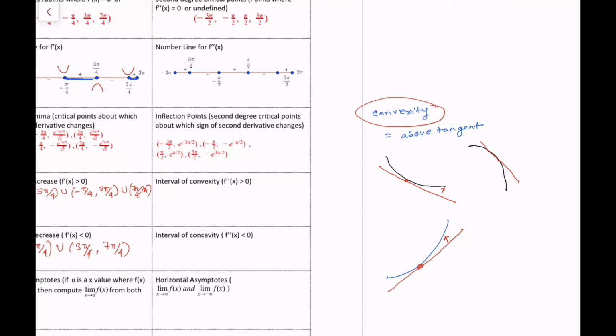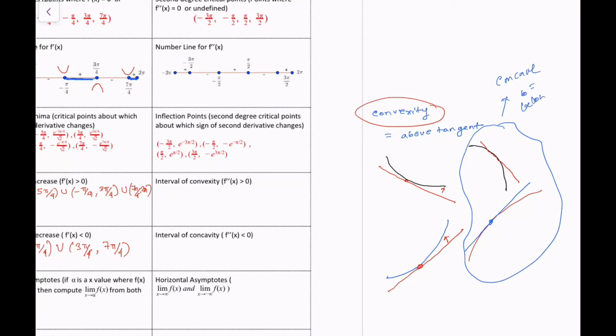The other picture would be like this. So these two are the cases where the function is concave, below tangent. This is above tangent.